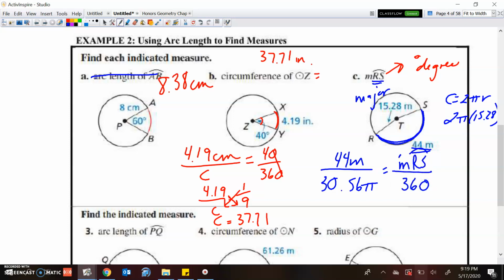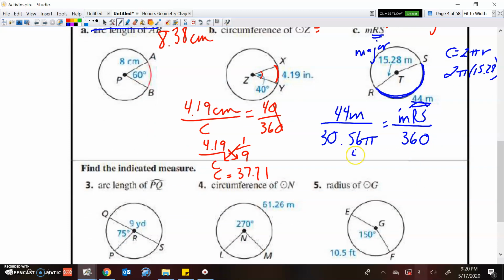Let's rewrite this a little bit without all of those symbols. So this turns into 44 over 30.56 pi equals, I'm going to call this x over 360. You can cross multiply. 44 times 360 is, big number, 15,840.